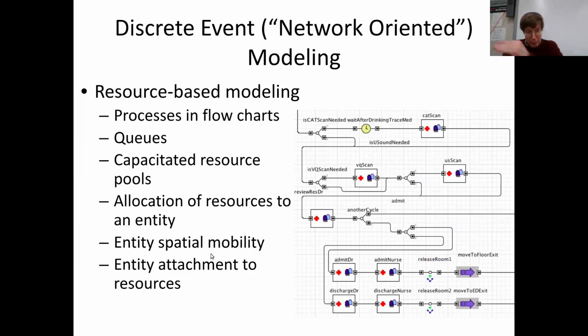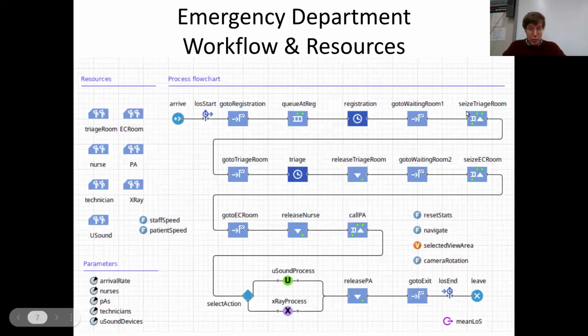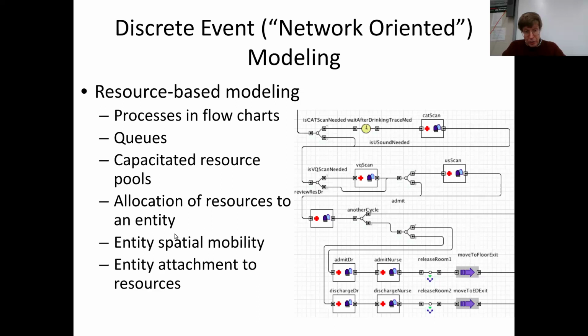We can capture those allocations of resources. Those often use the term seize. They're seized, and it's not meant to imply a transgressive process, but one where there's an allocation going on.